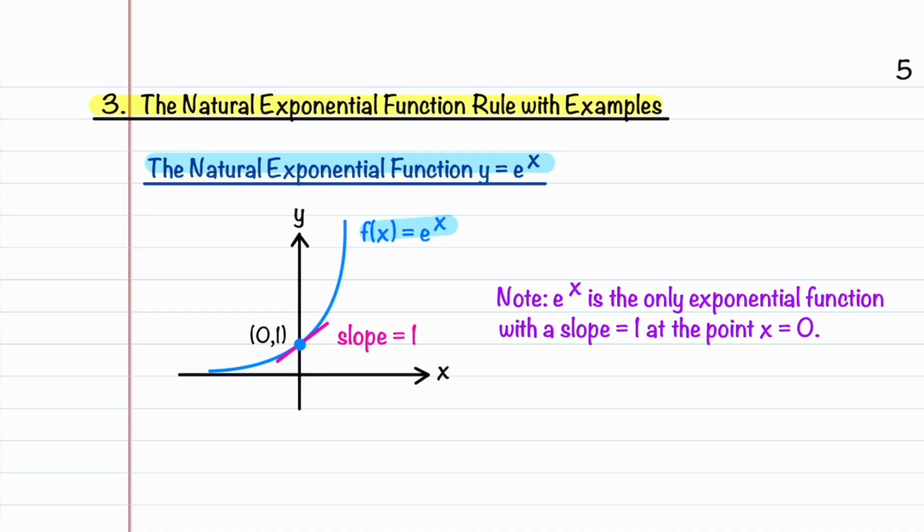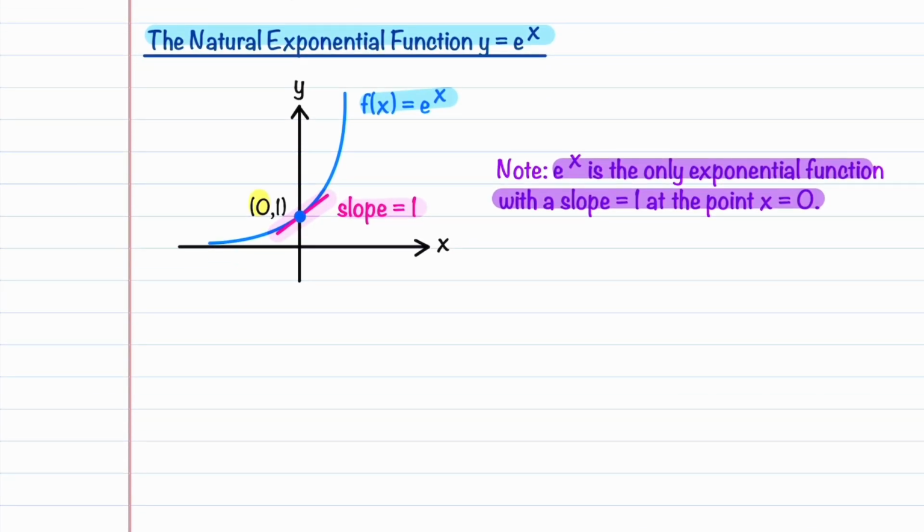The derivative of the natural exponential function is fairly easy to find because the slope of the function at the point x is equal to 0 is equal to 1. e to the x is the only exponential function with a slope of 1 at the point x is equal to 0. And that's why when you're studying calculus, you always start by finding the derivative of this particular exponential function.